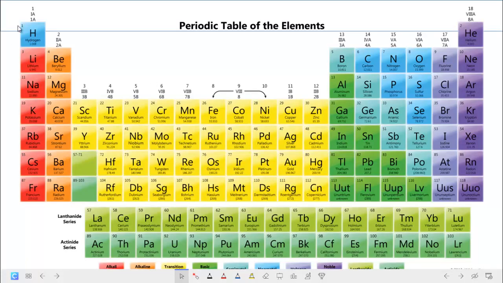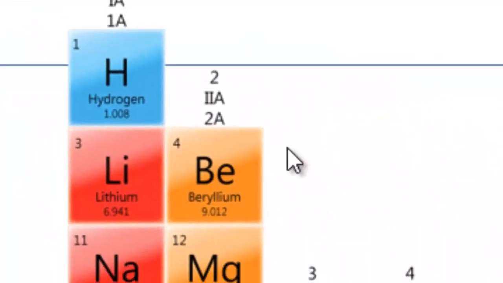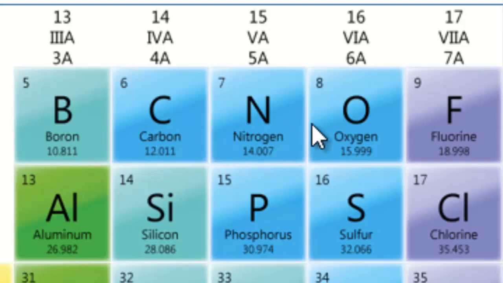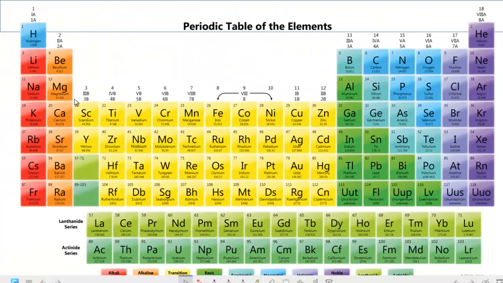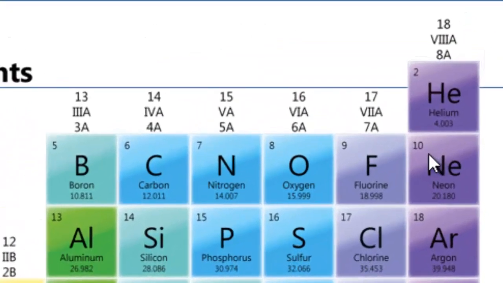Now in the periodic table, we have the mnemonic "Hi He Li Be B C N O F Ne Na Mg Al Si P S Cl Ar." So we have hydrogen, helium. Hydrogen has 1 proton, helium 2 protons, lithium 3 protons, beryllium 4 protons, boron 5 protons, carbon 6 protons, nitrogen 7, oxygen 8, fluorine 9 protons, and neon 10 protons.